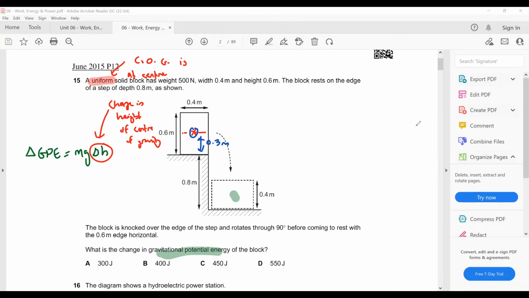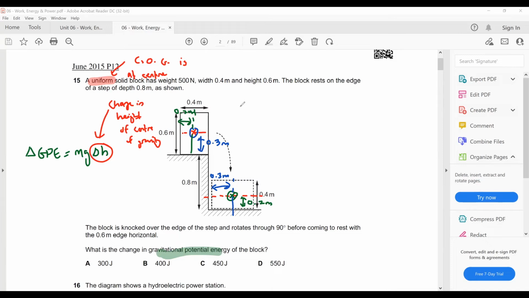And then this one here, my center of gravity will be somewhere around here. Let me just draw this. My COG would be here. This one, half of 0.4 would be 0.2 meter. Note that I can actually just also do this, but this one is a bit unnecessary. This one I know is going to be 0.3 meter.